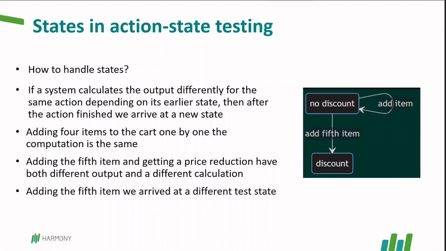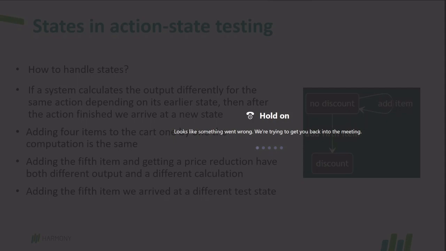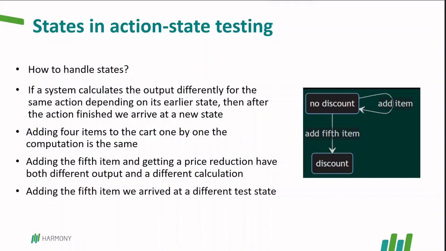For example, adding 4 items to the cart one by one, the computation is the same, the output is different, but we go back to the same state. However, if adding the 5th item and getting a price reduction, we have a different output, but also a different calculation.